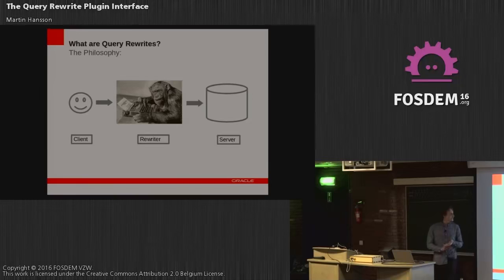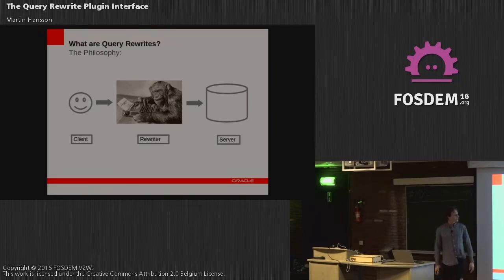Somebody sitting in the middle, rewriting your query, capturing it on the way to the server, and the client gets notified that, hey, I rewrote your query, and now it's something else, but the server doesn't really see what the original query was in the first place. So we actually talked about implementing it this way, more or less like some kind of proxy sitting in between the server, possibly on a different machine.